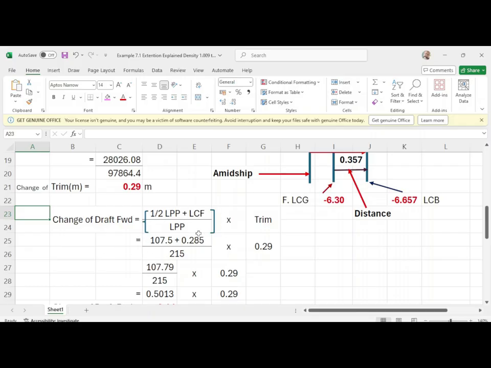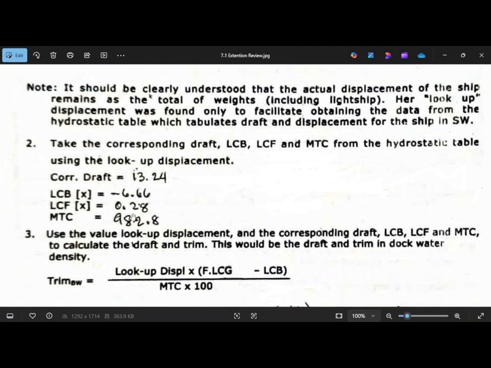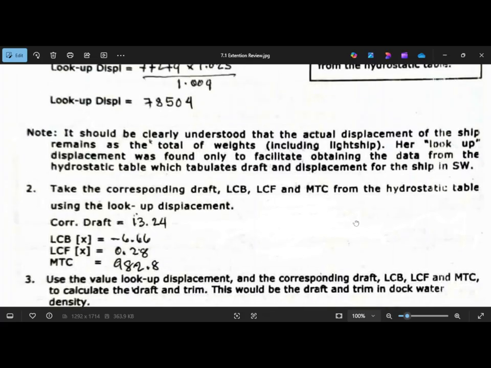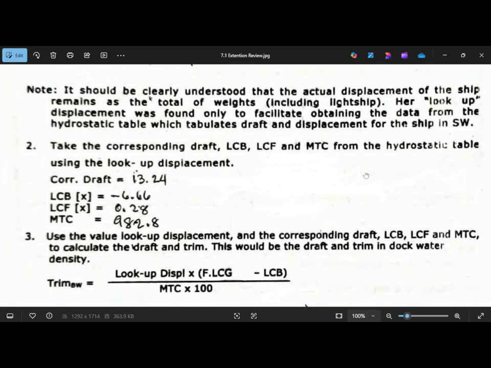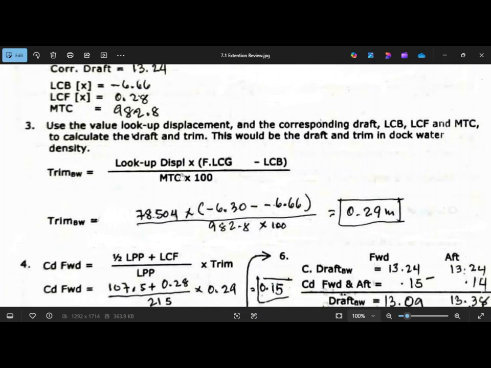You look up the displacement, from your draft of 13.24, and get the LCB, LCF, and MTC. To get the change of trim: displacement times LCG minus LCB over MTC times 100.